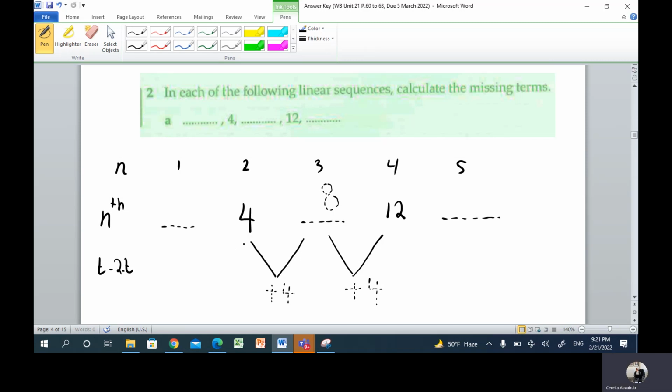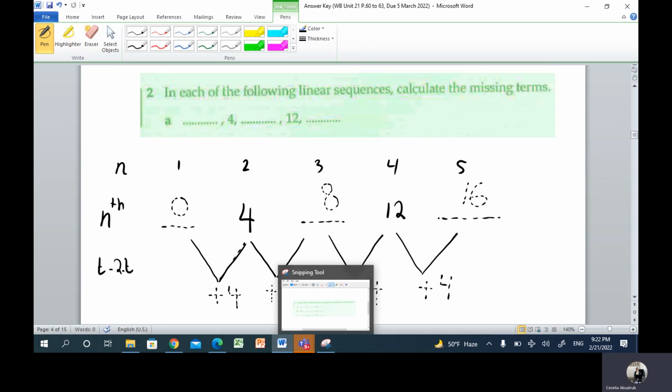So here, what is the number that I will add to this number here to give me 4? So plus 4. So definitely it won't be 1, it won't be 2, it will be 0. And here, if I add 4, then this term here will be 16.